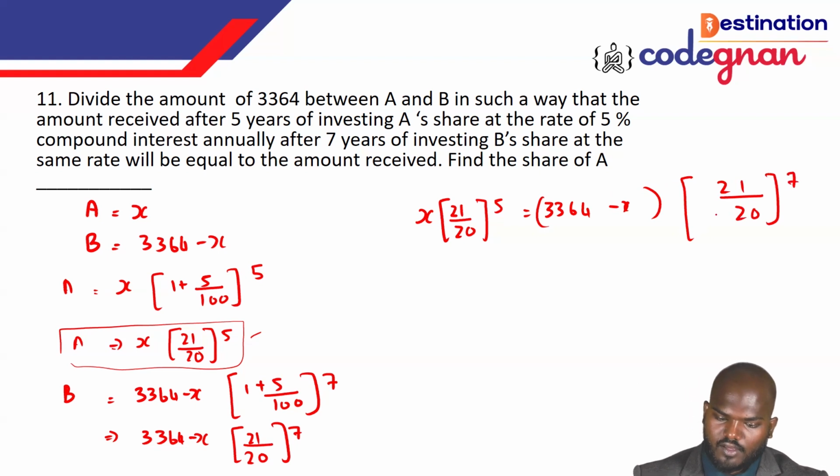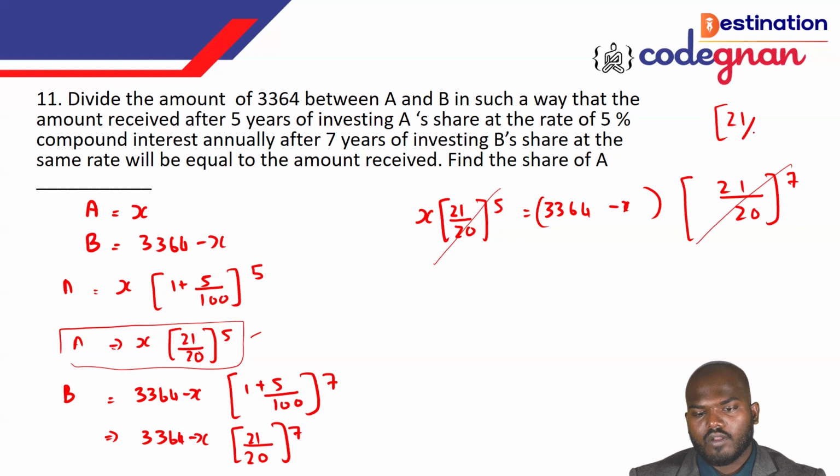So once you've done this, cancelling the 5 powers, I am left with 21 over 20 whole square.